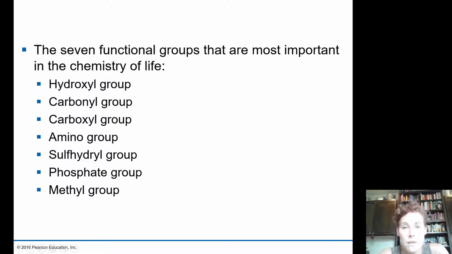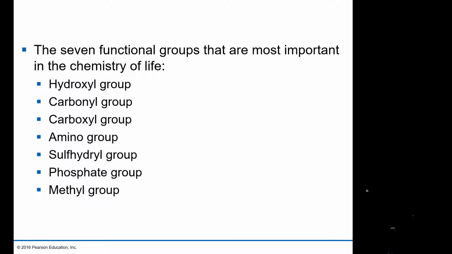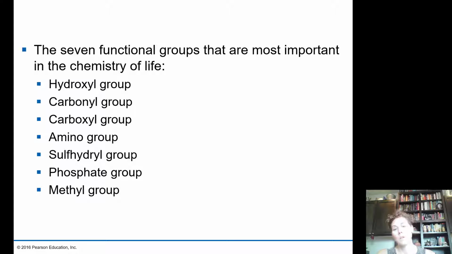So we have 7 functional groups that are most important to the chemistry of life. This is not organic chemistry. I don't need you to know what all 7 of these functional groups are. When you take the dynamic study module, or there might be a homework question where that's included, I'm not going to ask you specifically to match the functional group to the molecular formula.